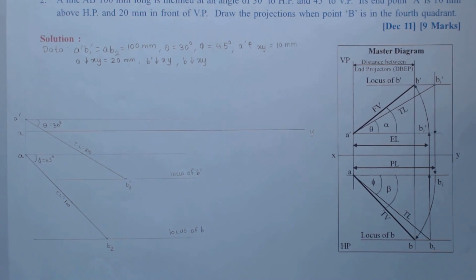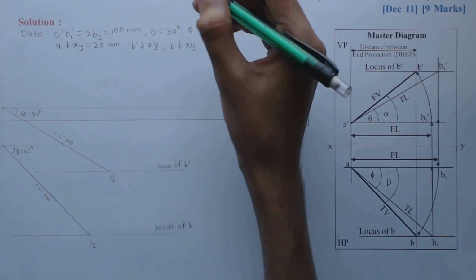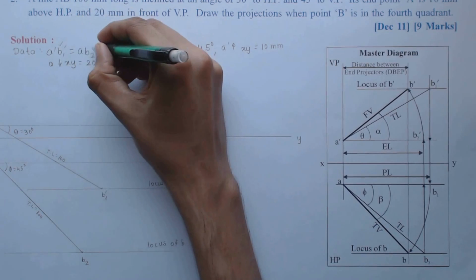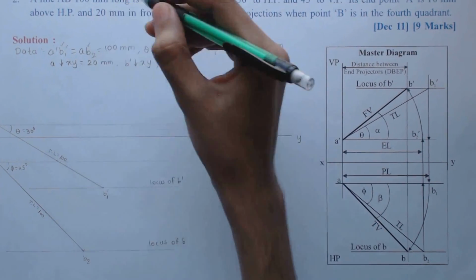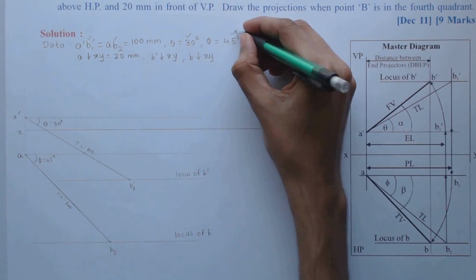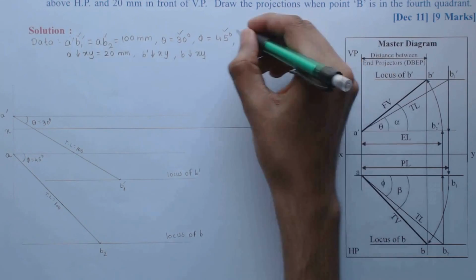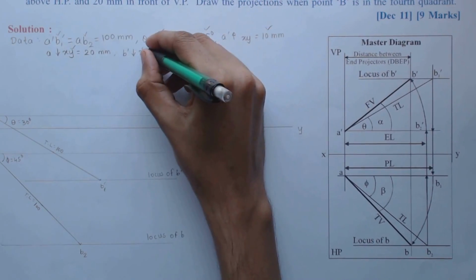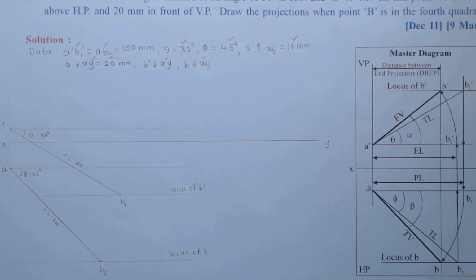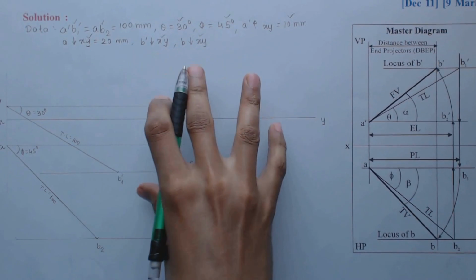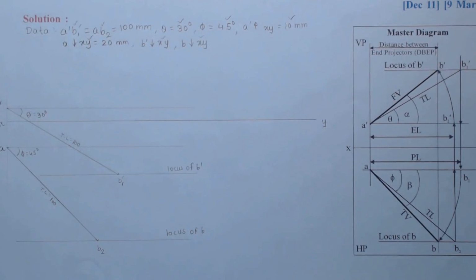Now we have used A dash B1 dash, AB2, then theta, phi, then A dash A. Then we have also used the position of B. So we have used all the data given in the problem.